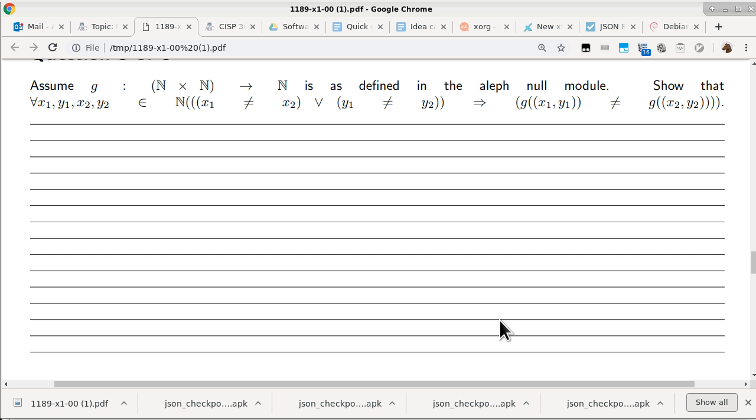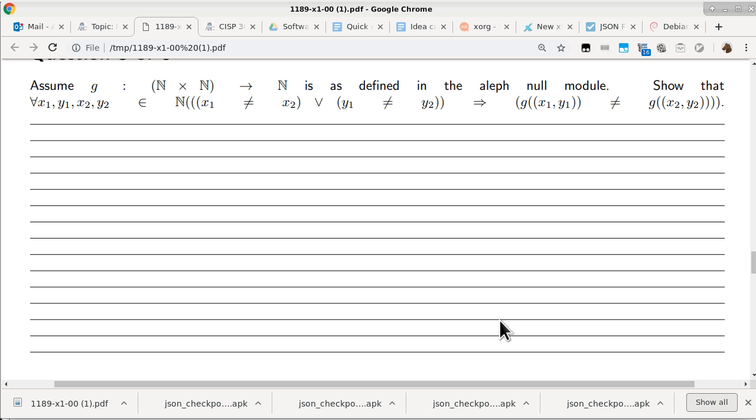That's basically the key. So what do I want you to show? I want you to show that if x1 does not equal x2, or y1 does not equal y2, that implies the g value of (x1, y1) as a single coordinate does not equal the g value of (x2, y2) as a coordinate.